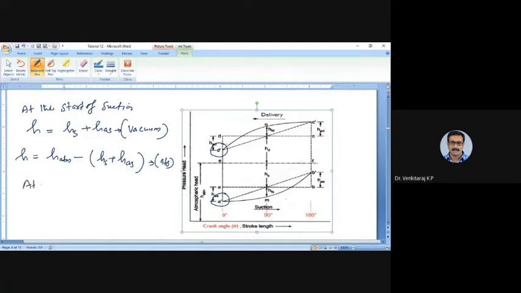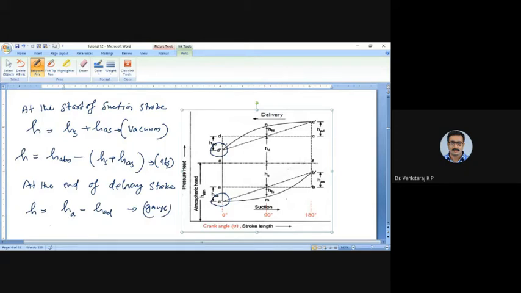Similarly, if I write at the end of delivery stroke, the H value will be Hd minus HAD. This will be gauge pressure.